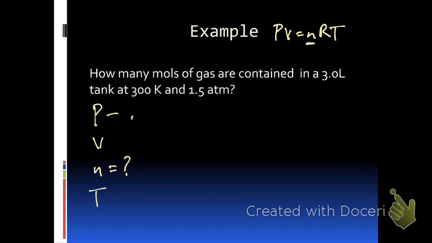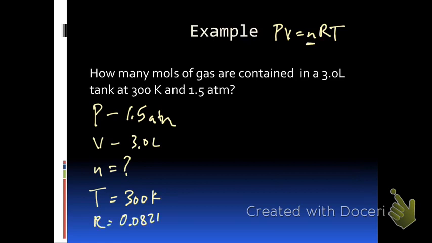Pressure is 1.5 atmospheres, our volume is 3.0 liters, and the temperature is 300 Kelvin. So the R value we're going to use is 0.0821, and it's going to be liters atmospheres over Kelvin times mole.